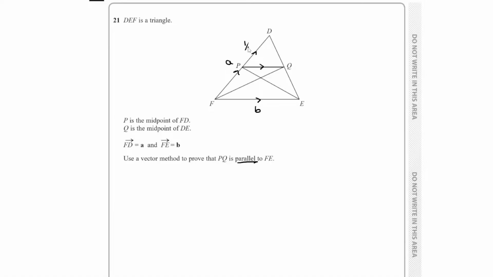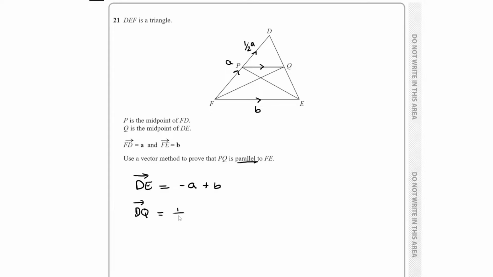This is a half A because it's half of the line. But then D to Q, before that we need to know the whole of DE, don't we? So first of all, you need that one. So D to E would be back down, so that's minus A plus B. There's always some kind of minus A plus B, isn't there? And therefore half of it, because D to Q is only half, isn't it?